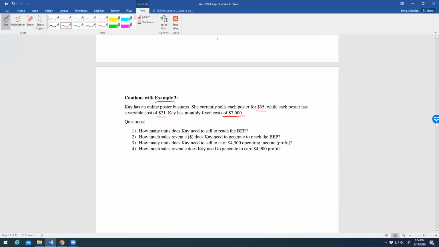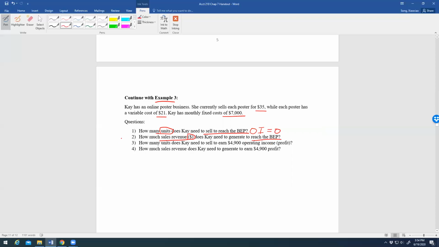First question: how many units do you have to sell to reach the break-even point, which means your operating income is zero? Second question: how much sales revenue in dollar amount should you generate to reach the break-even point?